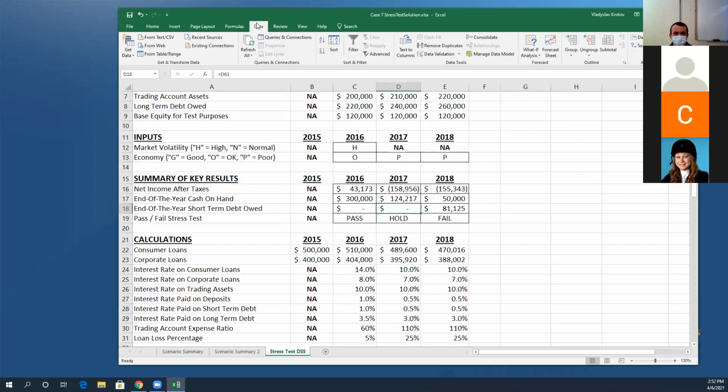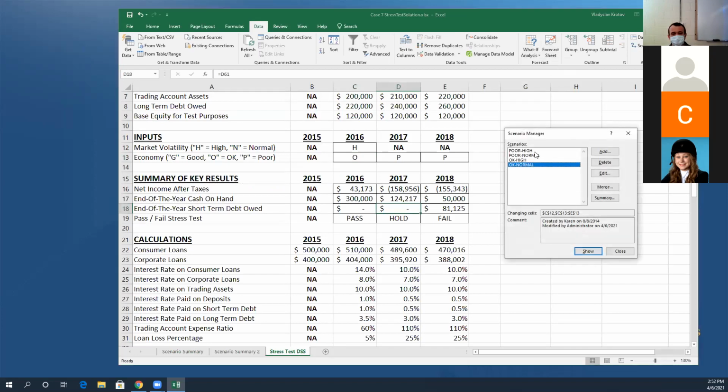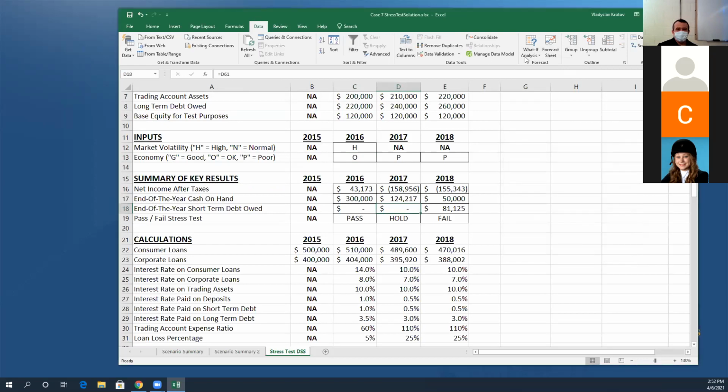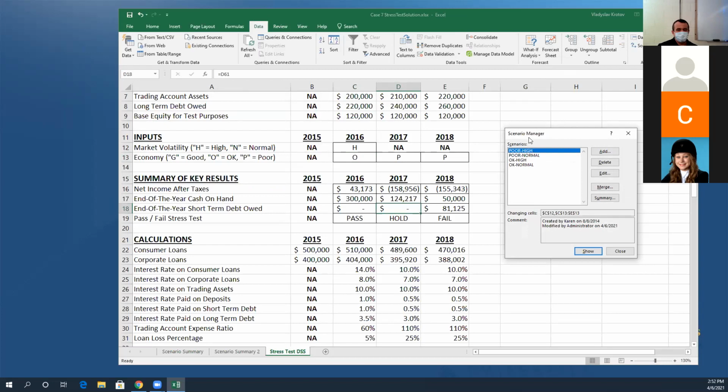So you need to go to data, what if analysis, scenario manager. And you should have all the 4 scenarios entered for you already, right? Do you see them? Tucker, do you see them? Those 4 scenarios? Yeah, you go to data, what if analysis, scenario manager, and you should have 4 scenarios entered like this, right?